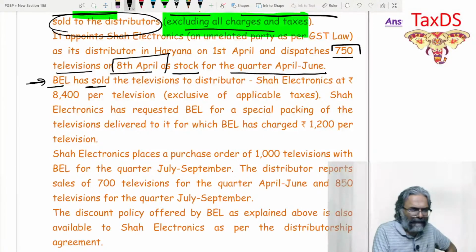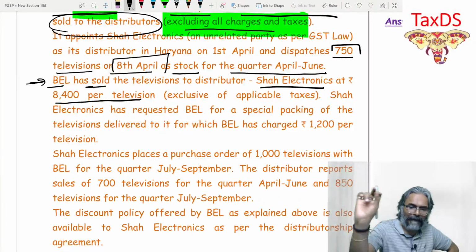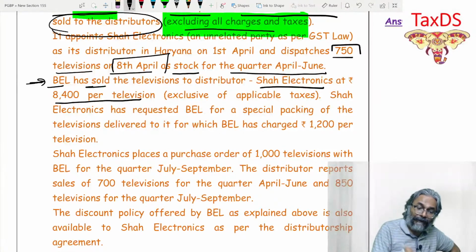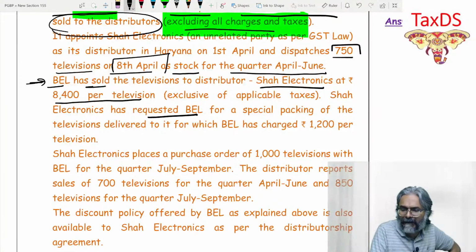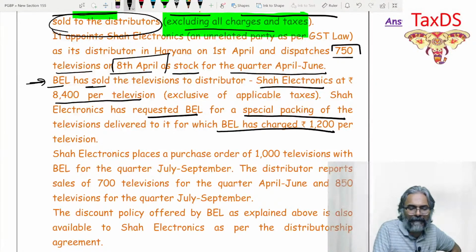BEL has sold the television to distributor Shaw Electronics at 8,400 per television, exclusive of the applicable taxes. Shaw Electronics has requested BEL for a special packing of the television delivered to it, for which BEL has charged 1,200 per television.